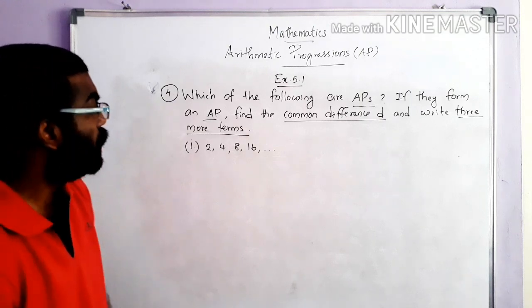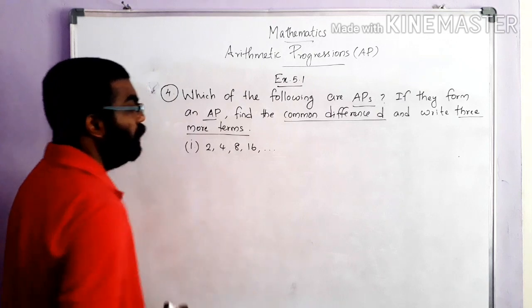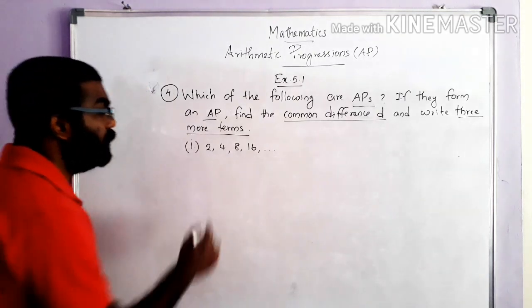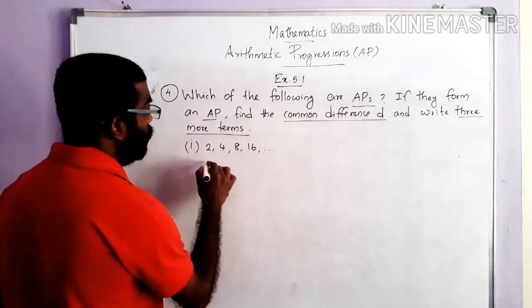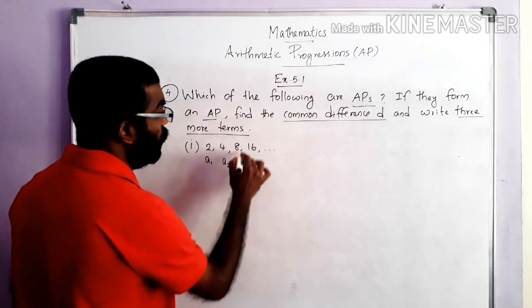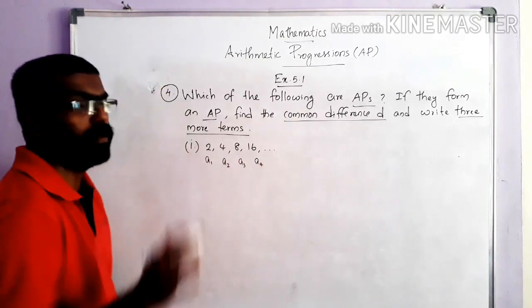Understood? So to check if it is an AP or not, we have to find the difference between the successive terms. That means the first term we take as A1, the second term we denote by A2, the third term by A3, the fourth term A4, and so on.